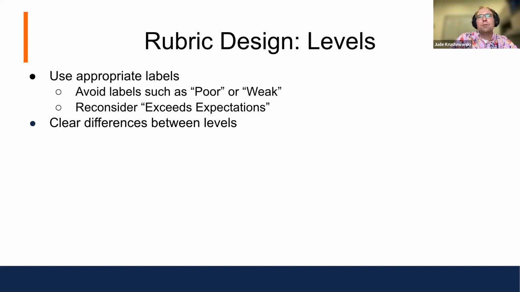However, to a student, we'll talk about the student side of things, it can come across a little bit demotivating if you're being told you must go above and beyond the standard to get an A, right? So we want to use language like maybe exemplary, distinguished, excellent, just to give some examples.